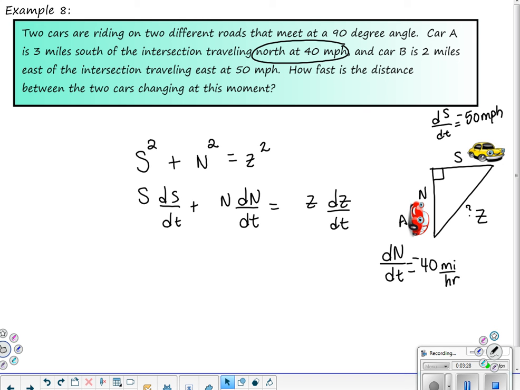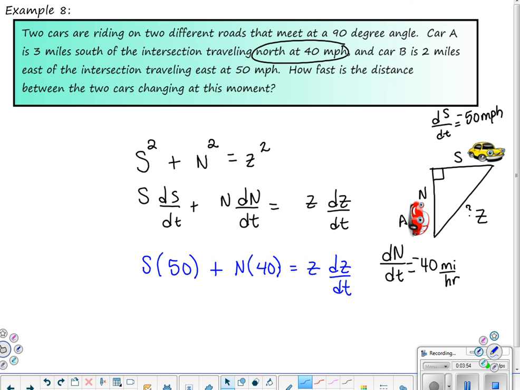Now, I had rate values for dS, which was 50 miles an hour, and dN was 40 miles an hour, equals, well, Z, I don't know. That's what I'm trying to find out, dZ/dt.